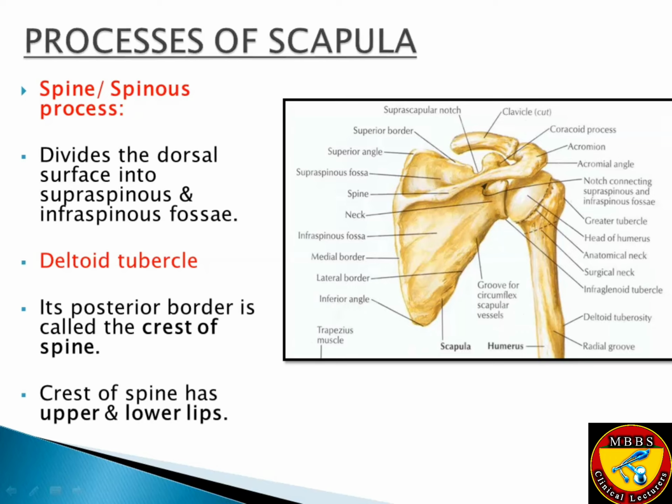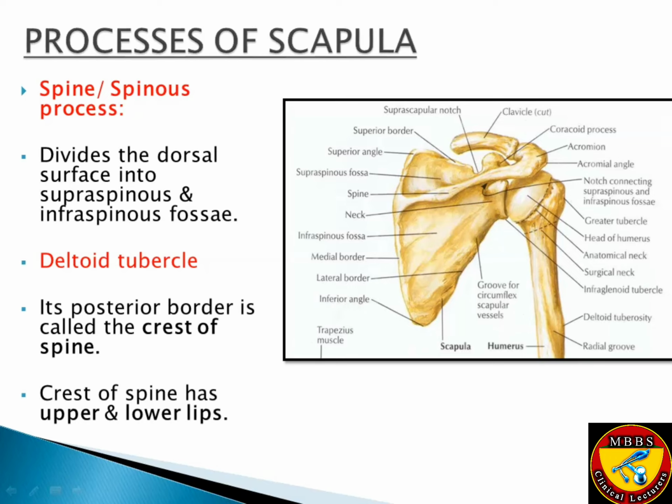The spinous process has a tubercle which is called as deltoid tubercle. You can see I am moving the cursor on the spinous process. Here is a tubercle which is called as deltoid tubercle.